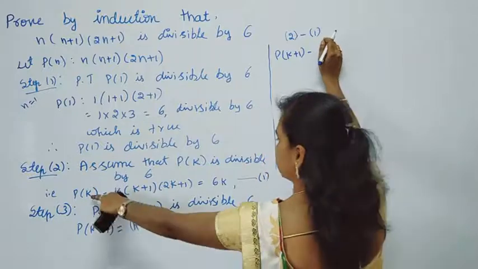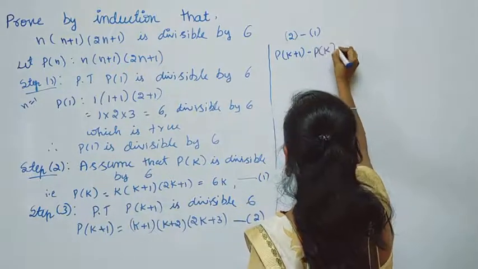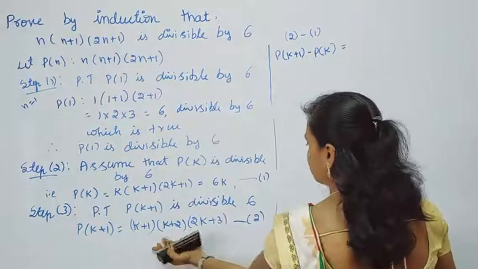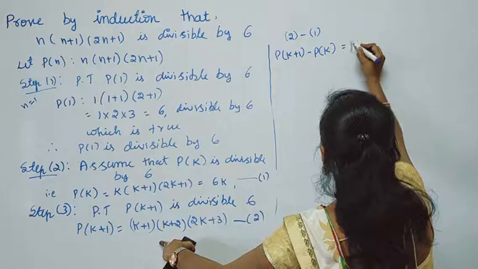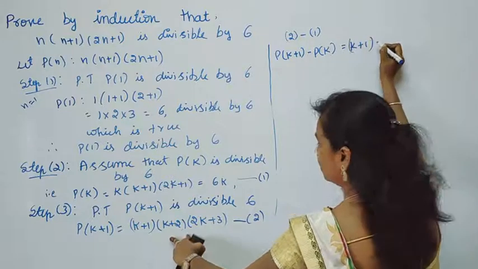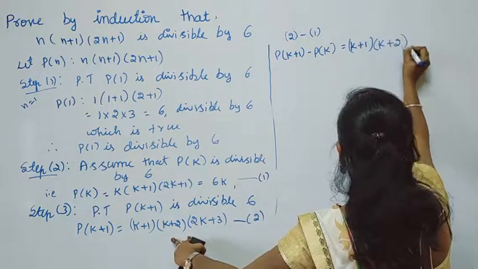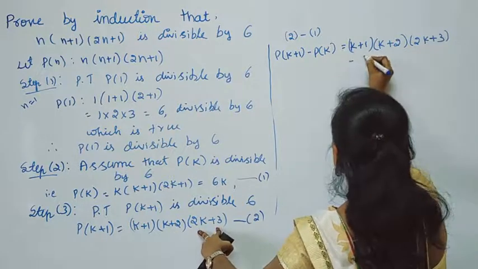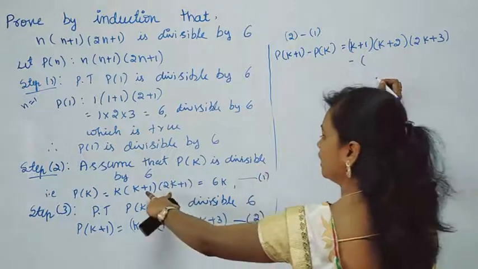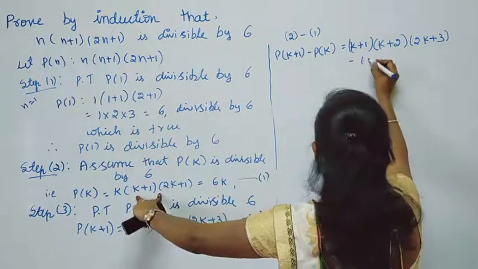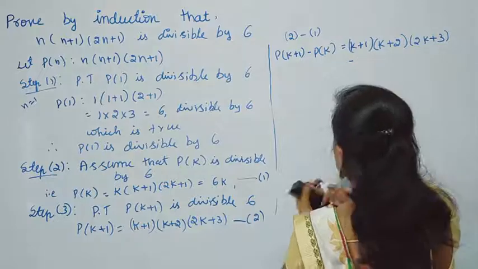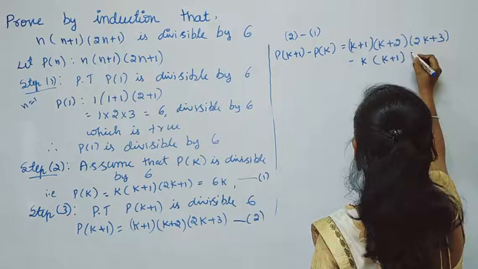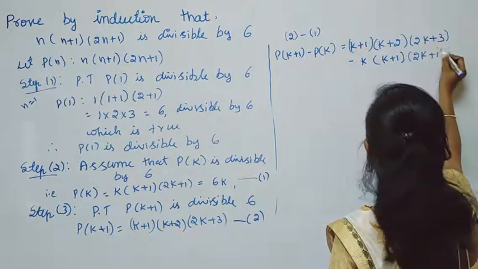Equation 1 is this. So in LHS we have p of k is equal to, when we come to RHS, first write RHS of equation 2, that is k plus 1 into k plus 2 into 2k plus 3, minus RHS of equation 1, that is k into k plus 1 into 2k plus 1, right?